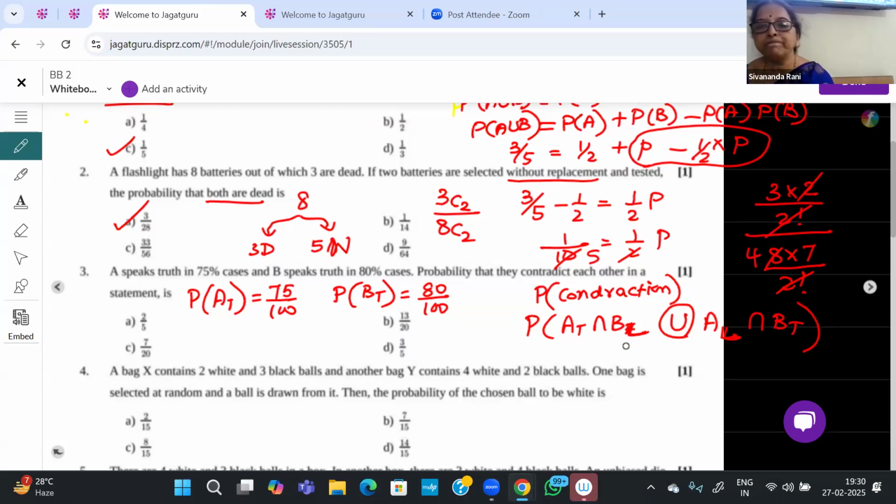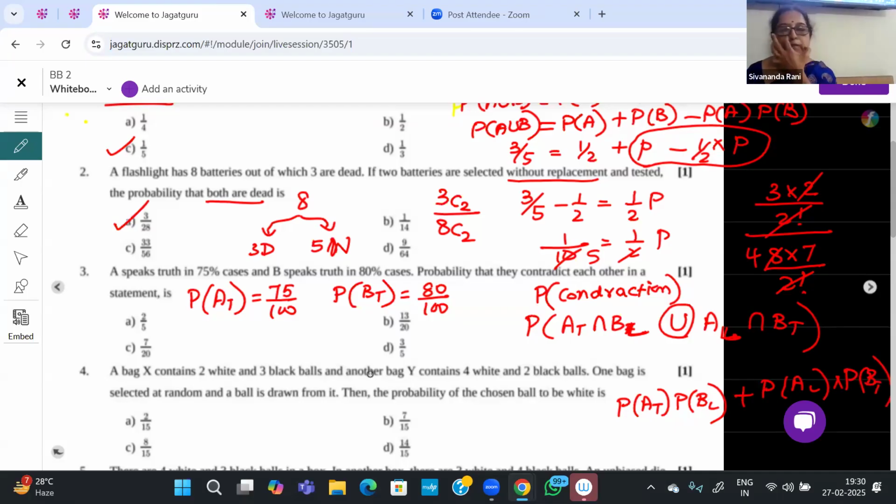So it's the concept of independence that they're testing. It's the probability of A speaking the truth into the probability of B speaking a lie, plus the probability of A lying into the probability of B speaking the truth.